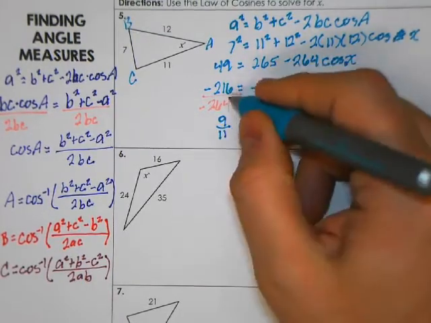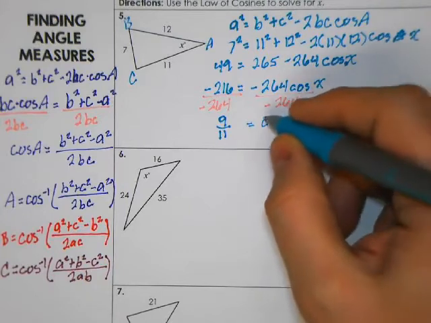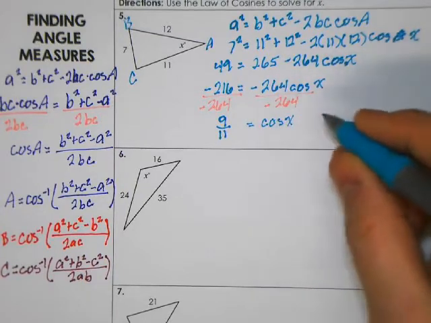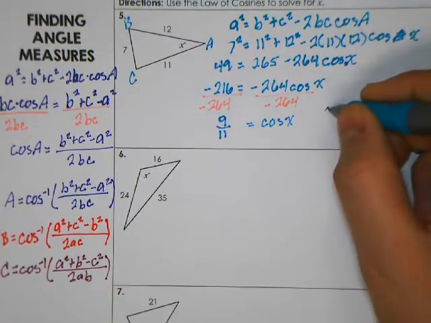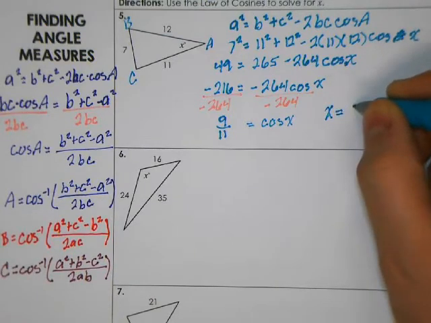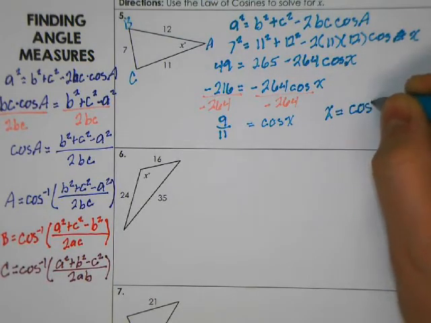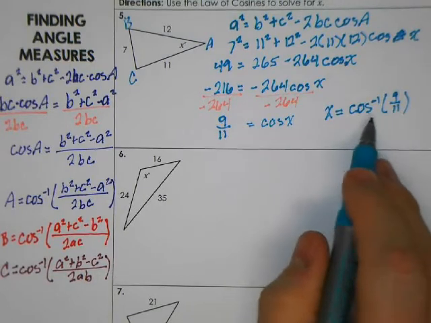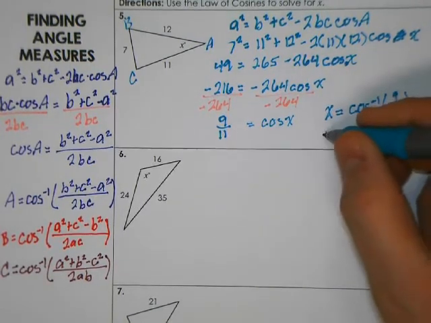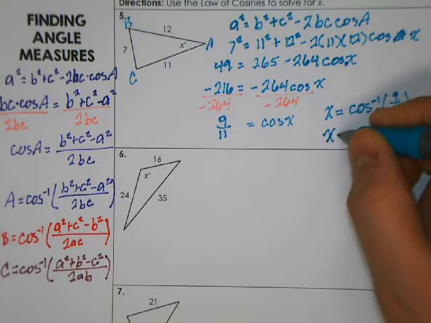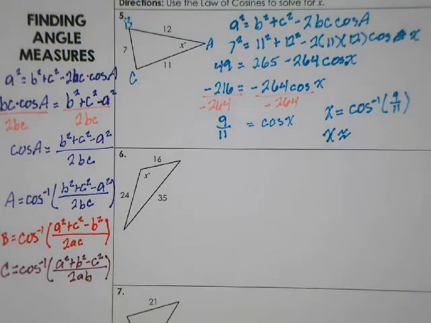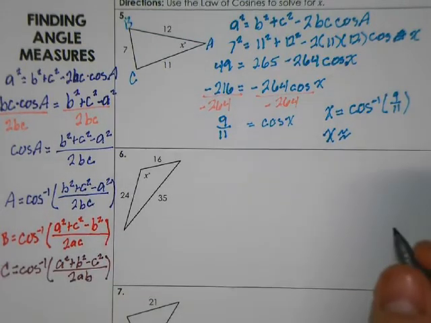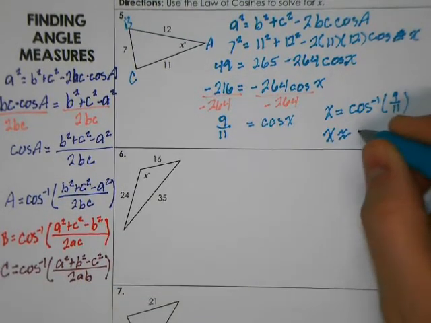Or you could just leave the ratio, since we're going to have to use a calculator to get the angle anyway. So x will be equal to the cosine inverse of 9/11ths. This is where we would stop if we wanted the exact answer, but we'll go ahead and get the approximate answer: cosine inverse of that ratio, and I get about 35.1 degrees.